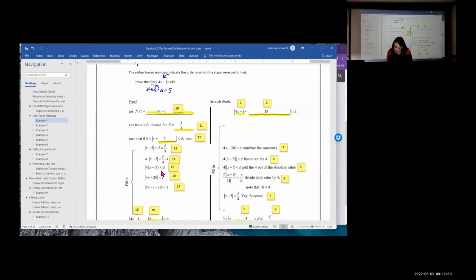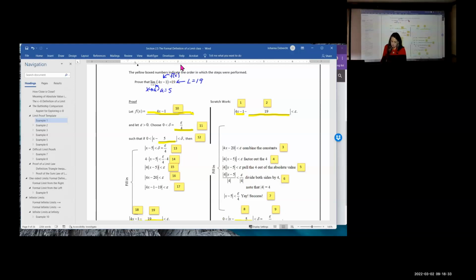Whatever is sitting next to the limit inside of it, that's the function, f of x. And whatever it's equal to, that's L. So we're defining some of the pieces in the formal definition and in the scratch work side. A is 5 because that's what x is approaching. F of x is 4x minus 1 because that's what's inside the limit. And the limit value L is 19 because that's what the limit is equal to.